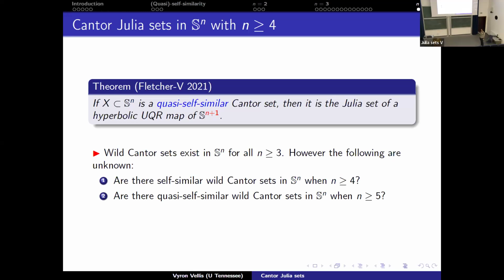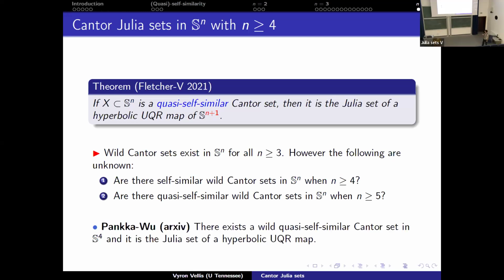There is only 1 example for n equals 4 of a quasi-self-similar wild Cantor set, and this is due to Pekka Pankka and Yang Mei Gu, who constructed a wild quasi-self-similar Cantor set in S^4, and they proved that it's a Julia set of a hyperbolic UQR map. This is a really hard theorem. Well, I guess the main difficulty is producing this Cantor set in the first place.